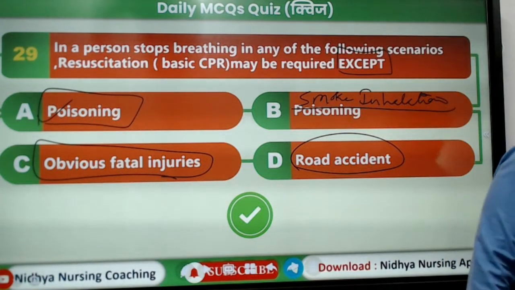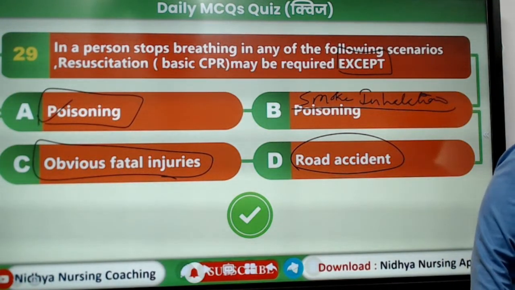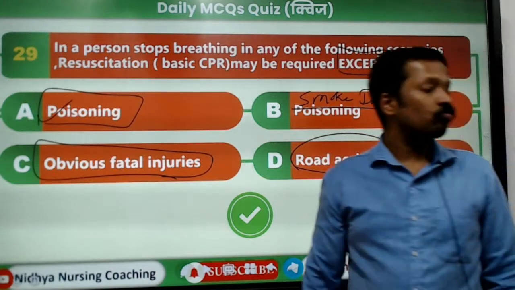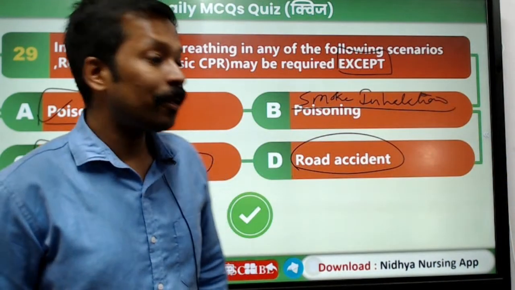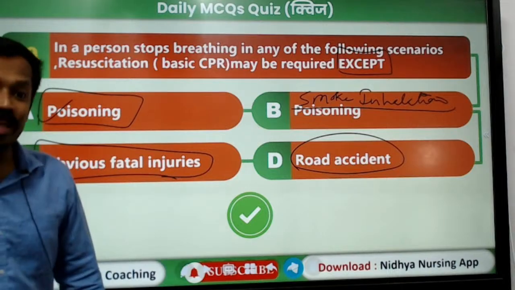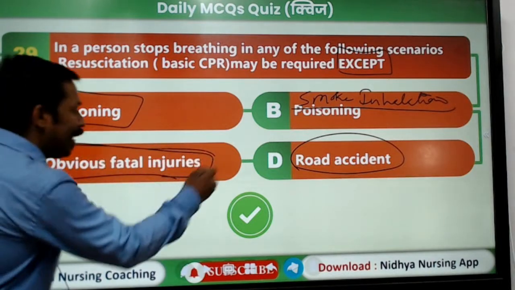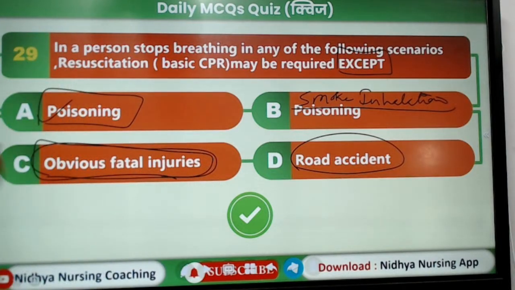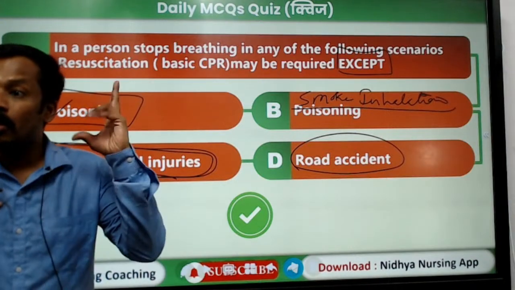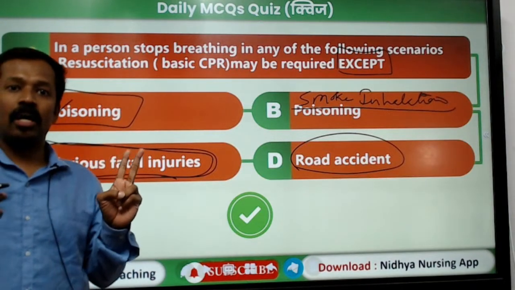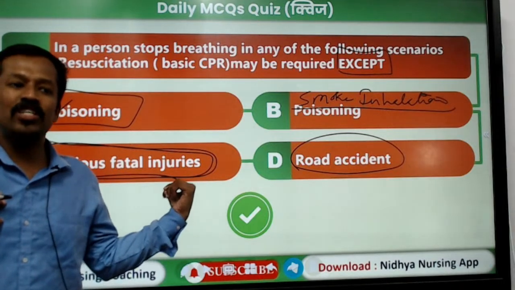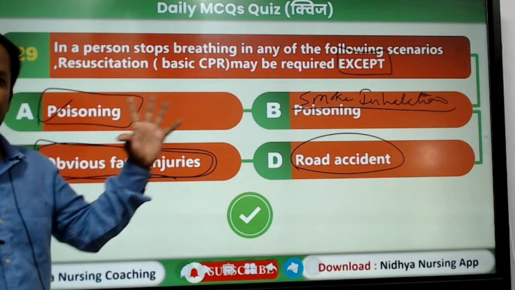So what is the answer? C. Only if the mother's life is in danger. Otherwise, we won't give in obvious fatal injuries. In all the other situations we will give.